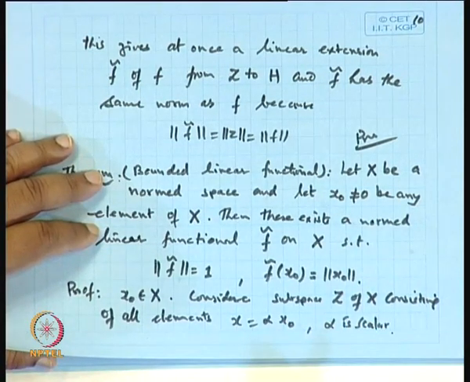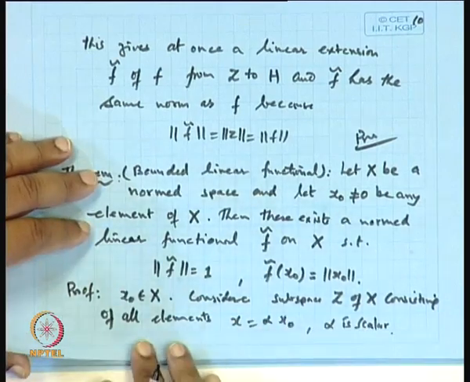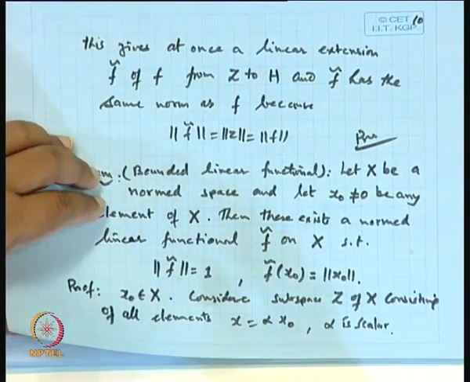Now, this forms a subspace, clearly, because it is generated by x naught.